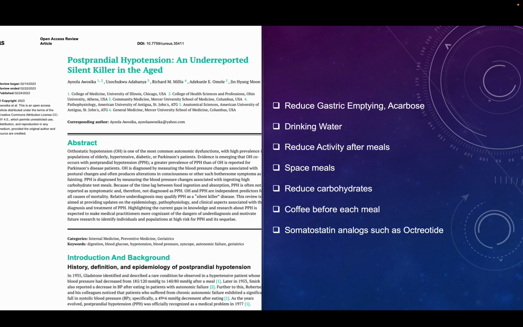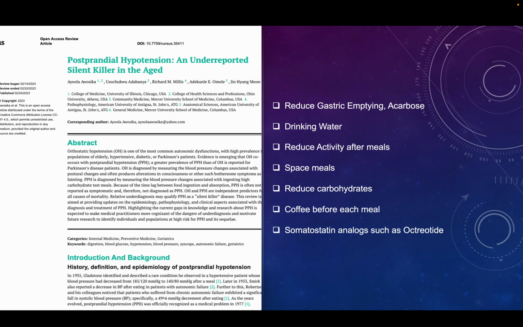Plenty of water, the person should be hydrated. You can space the meals, you can have 5 meals instead of 3. Reduce carbohydrate. In case you do give carbohydrate, it should be complex carbohydrates. And coffee before a meal has been shown to be beneficial. Somatostatin has also shown some improvement.